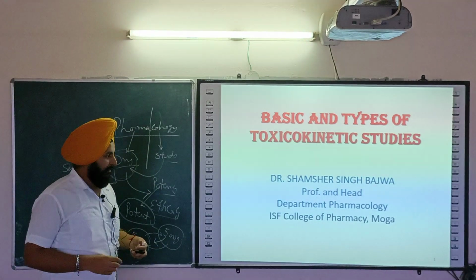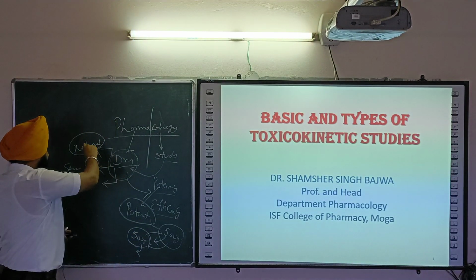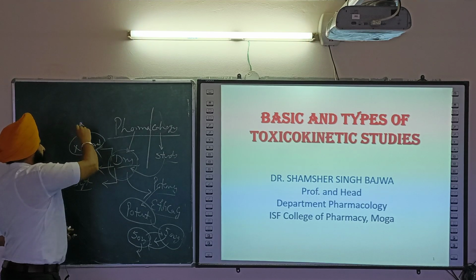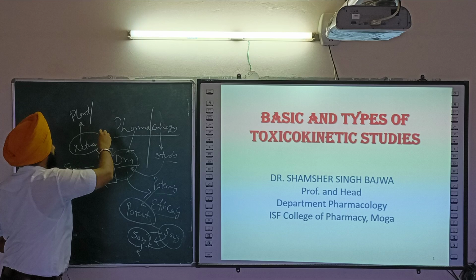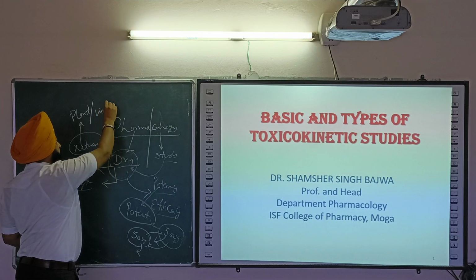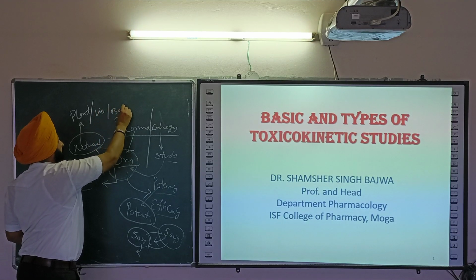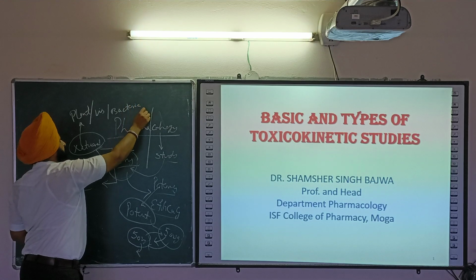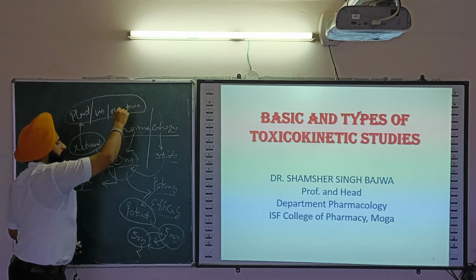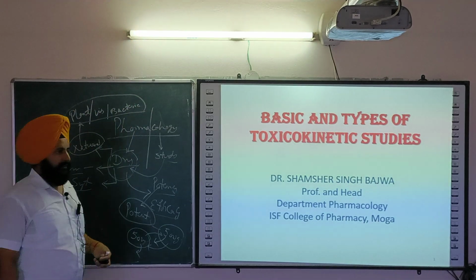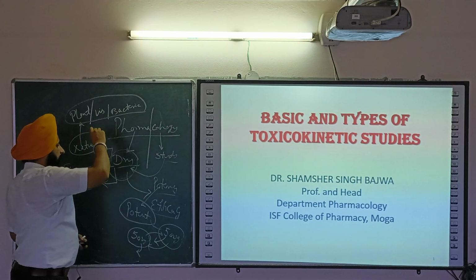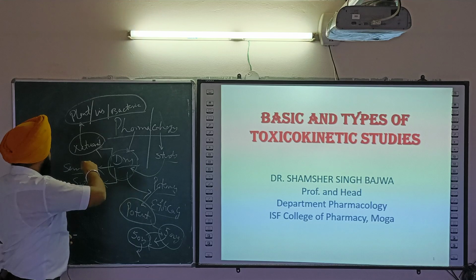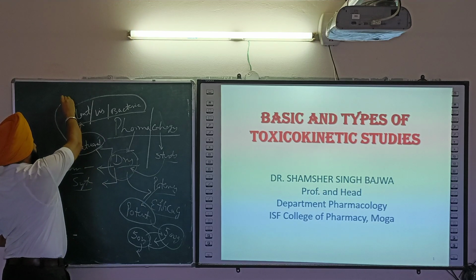Any drug which is available from a plant will be natural. Any virus, bacteria or other organism, if it is used as such, will also be called a natural substance.